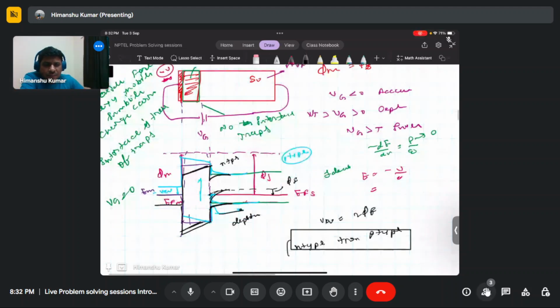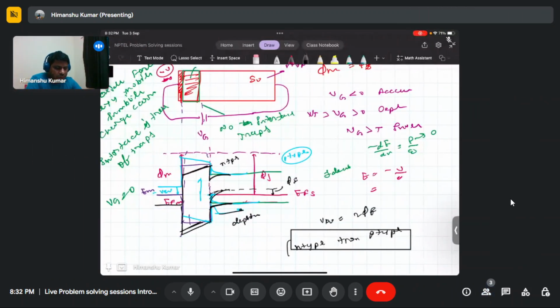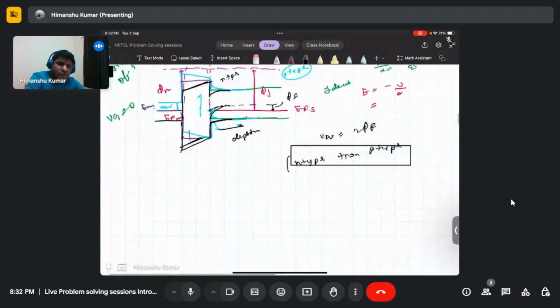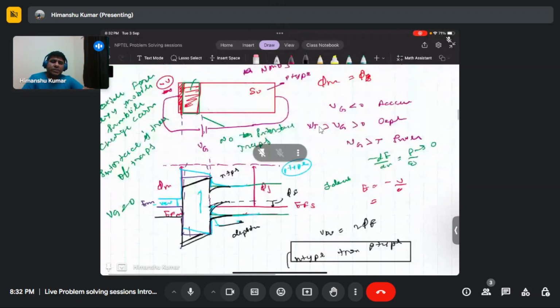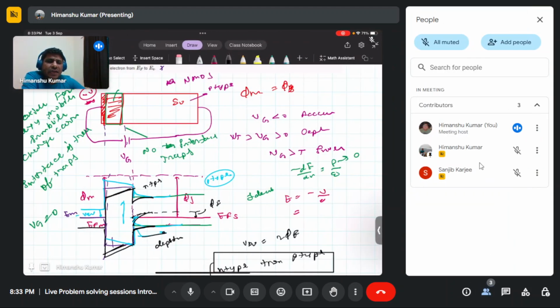So that was the MOSCAP in a bit more detail compared to what I discussed initially. That's all from my side. If you have any doubt, you can ask, or we will end this session.